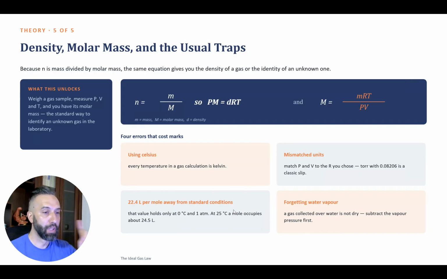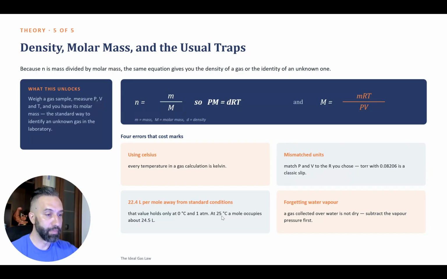Also remember this. So at standard temperature and pressure, 1 mole of each gas always takes this volume. So 1 mole of any gas is always 22.4 liters if the temperature is 0 degrees Celsius and 1 atm.